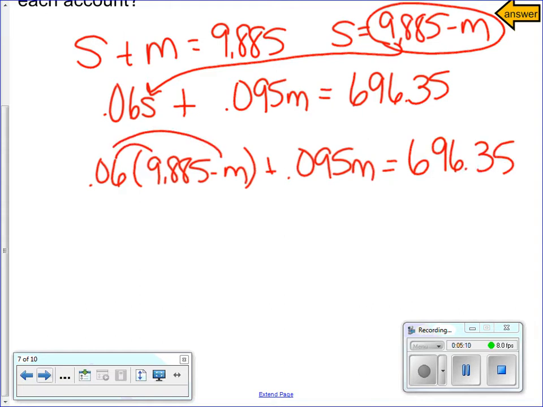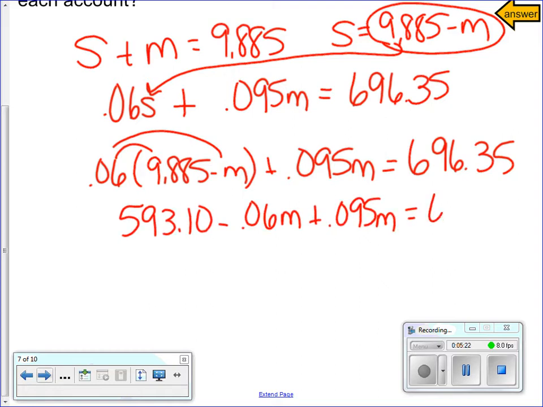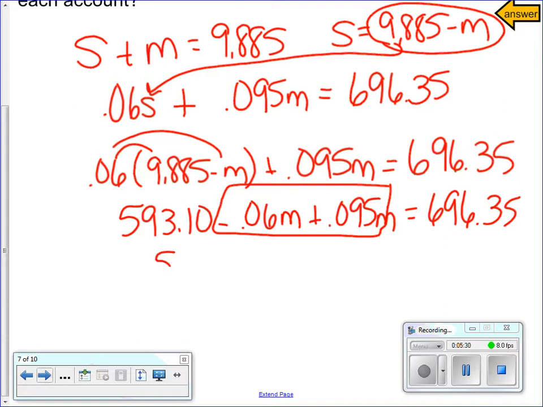I'm going to distribute and get $593.10 minus 0.06 M plus 0.095 M equals $696.35. Now I'm going to combine like terms and get $593.10 plus 0.035 M equals $696.35.